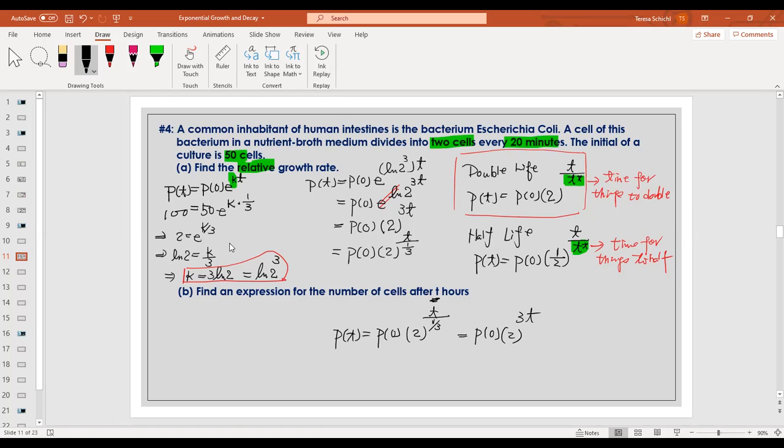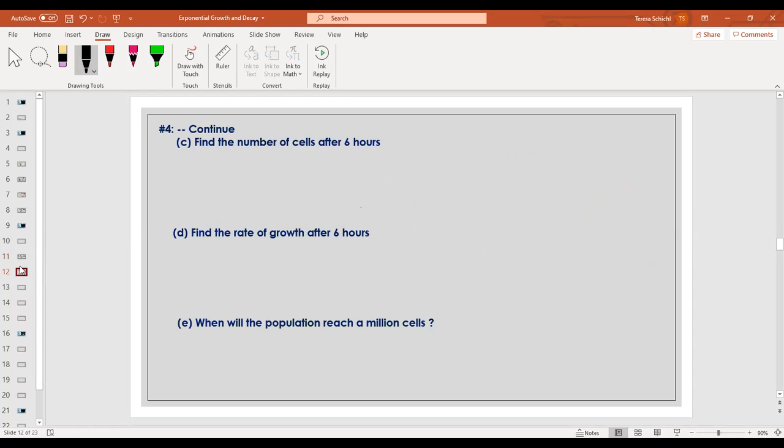Okay, all right. So now let's take a look at the next part here. It says find the number of cells after 6 hours. So I know P(t) equals P0 times 2 to the 3t, right? What is my P0 here?